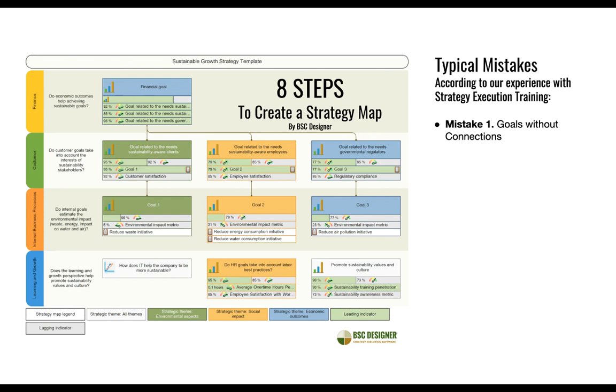We look at the strategy map and we see that there is a certain goal, let's say in the internal perspective, that has nothing to do with the rest of the goals on the map. We give our feedback and we ask, why do you have this goal on the map? It doesn't look like something relevant to other goals.